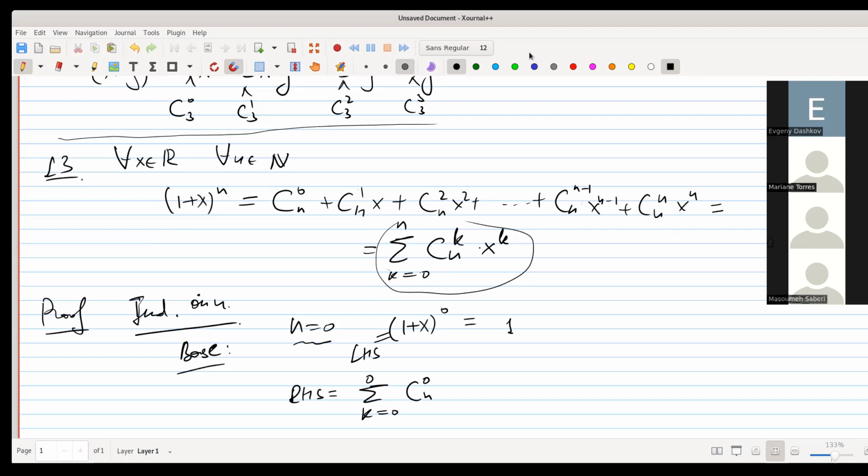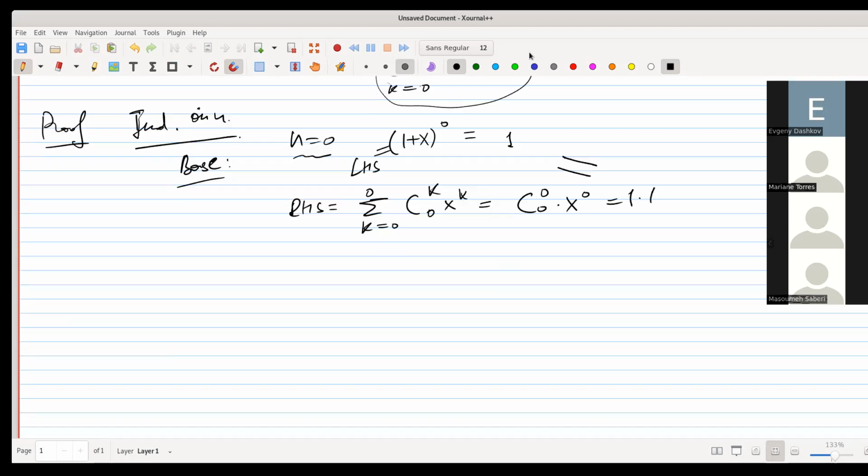And this sum contains how many summands? In general, n plus 1. And in this particular case? Just one summand. So 0 choose 0 multiplied by x to the power 0, which is also 1. So the base case has been proved. Do you agree?